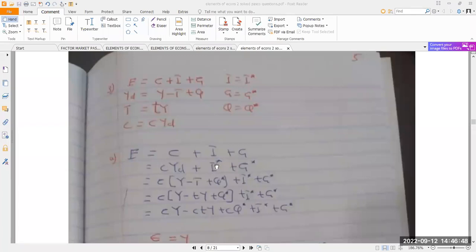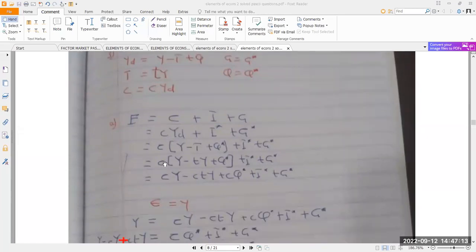It's even possible it depends on income as well. Okay. Now, if you come to consumption, consumption is C times YD. And remember, disposable income is Y minus T plus what? The transfer payment. And remember, transfer payment too is autonomous. So C times (Y minus T plus Q star). Okay, then our autonomous investment and government spending.